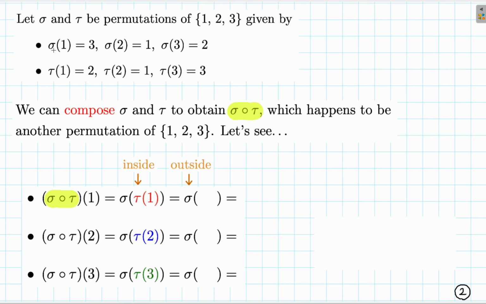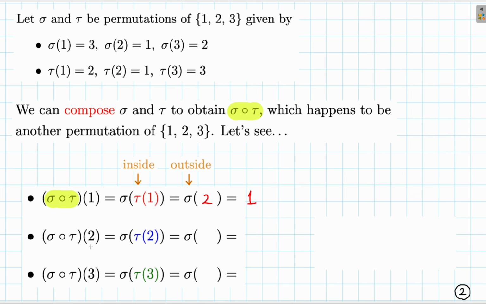Now tau of 1, according to the definition, is 2. And then sigma, notice, is the outside function, so that gets applied after tau. And sigma of 2, according to the definition, is 1. And so ultimately the composition sigma composed with tau sends 1 to 1.